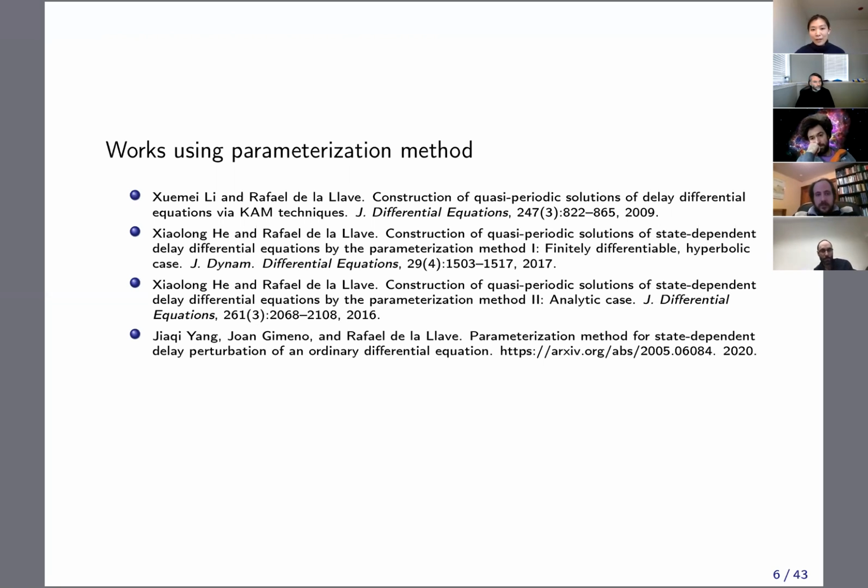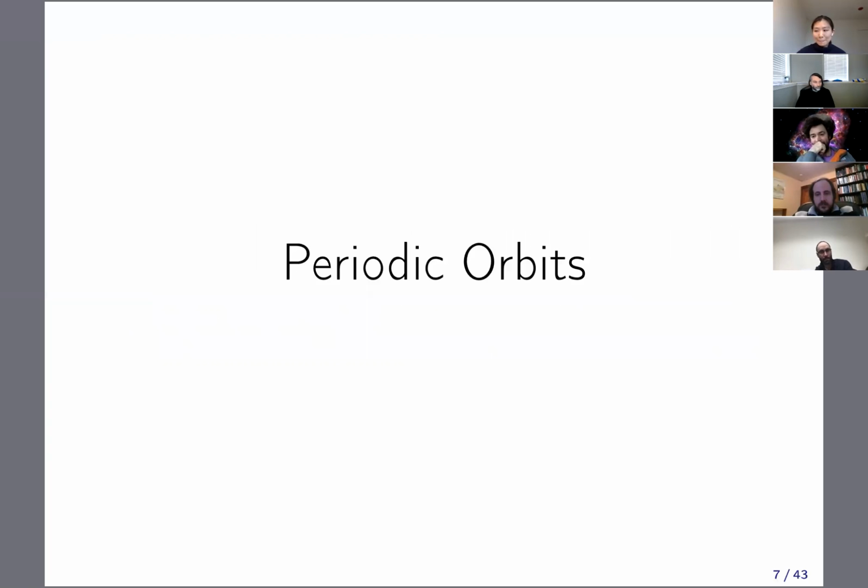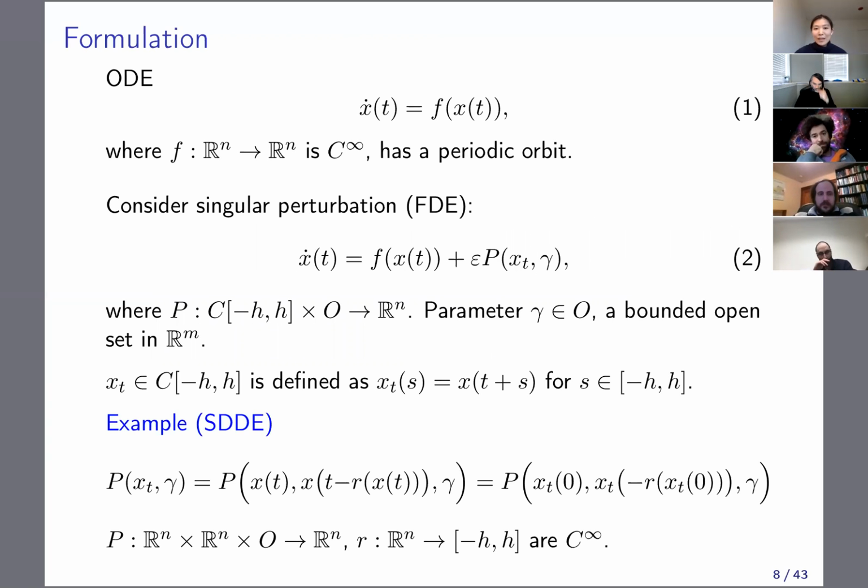Okay, so as for today, let us focus on the case for periodic orbits. We will start with a smooth ODE, and we'll assume that this ODE has a periodic orbit before adding the perturbation.